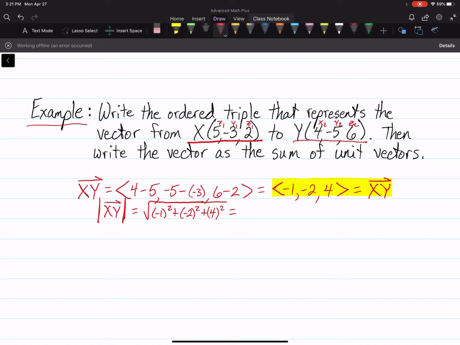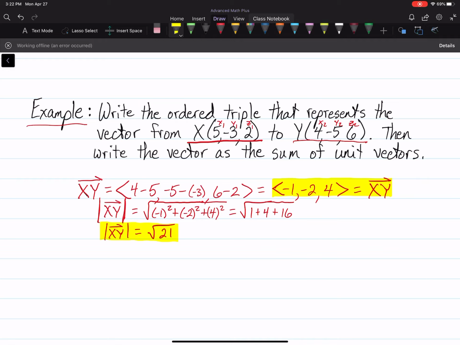And we add all of that up. -1 squared is 1, plus -2 squared is 4, plus 4 squared is 16. That will be the square root of 21, which cannot be reduced. So the magnitude of XY is the square root of 21.